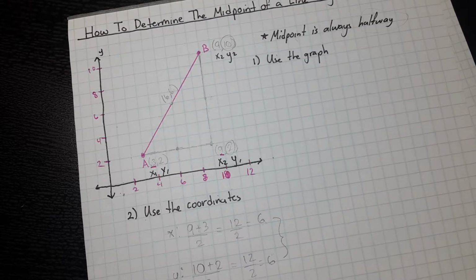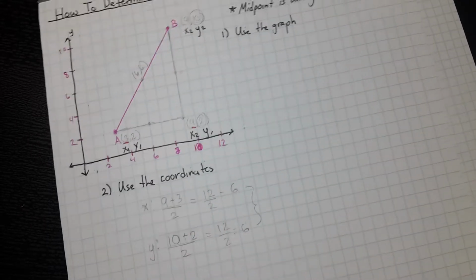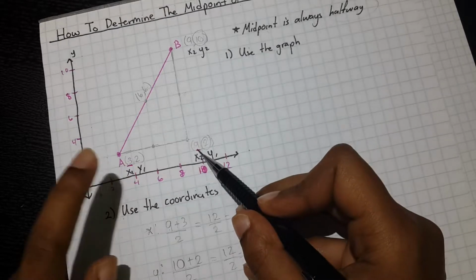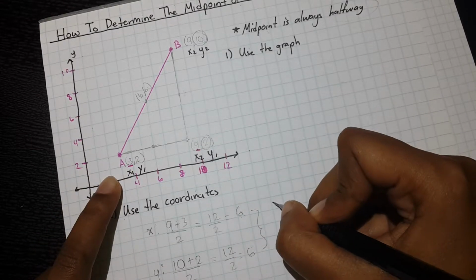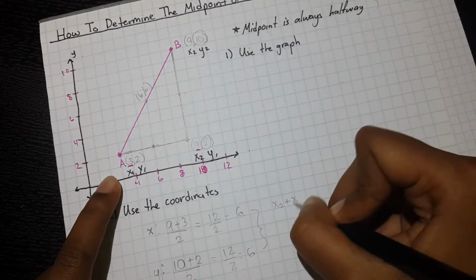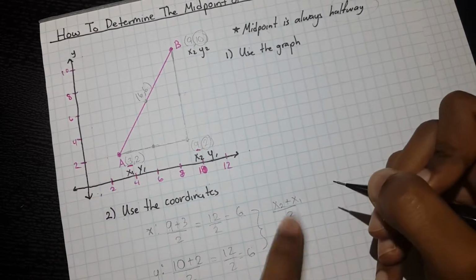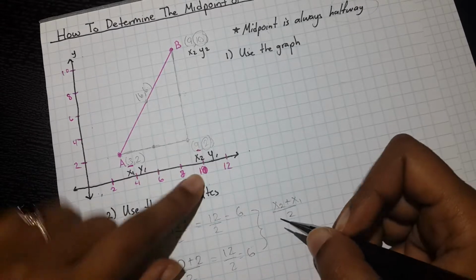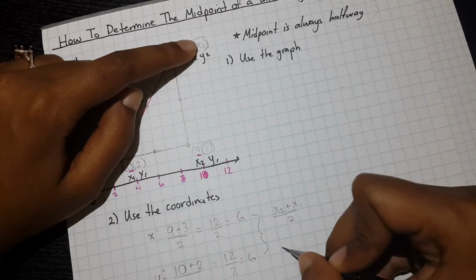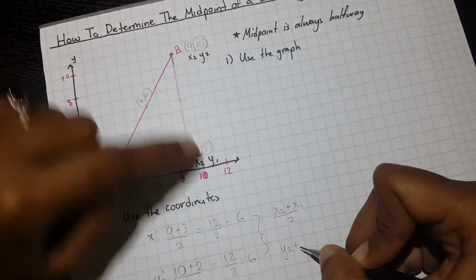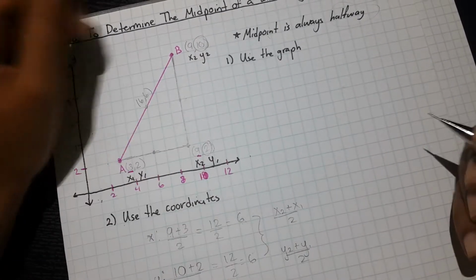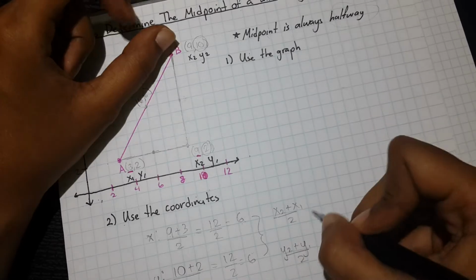So now we can set up our general formula, which is going to be the following. So we did 9 plus 3, so that was x2 plus x1 over 2 to represent the midpoint along the x-axis, and then for the y, it was y2, that 10, plus 2 from the y1 divided by 2, and that gives us our midpoint along the y-axis.